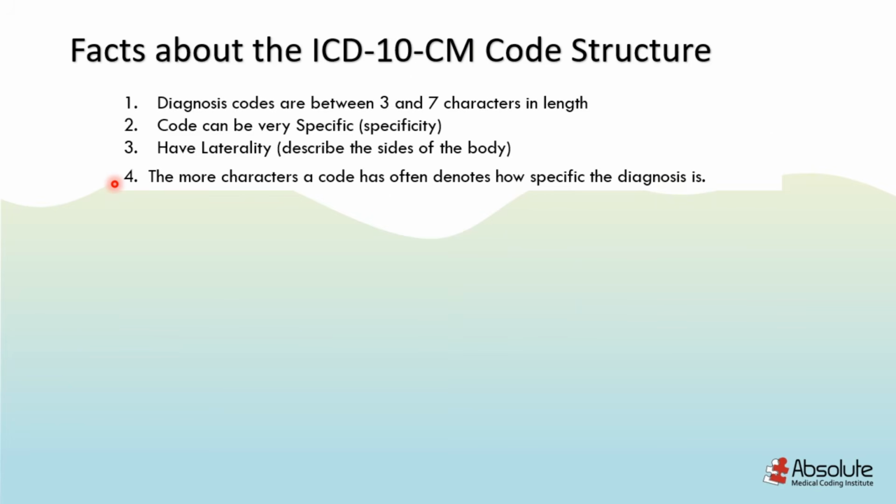And finally, the more characters a code has, often denotes how specific the diagnosis is. I think later in this discussion, you're going to see exactly what I mean very soon.